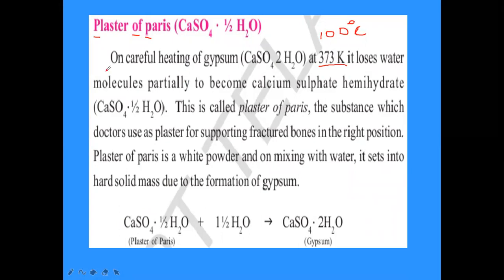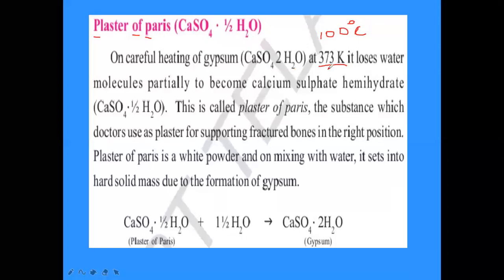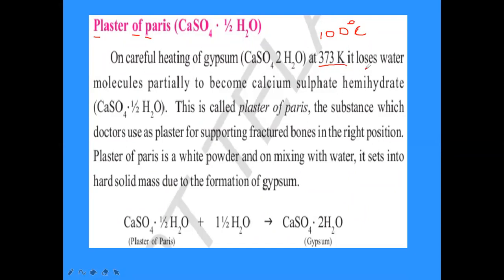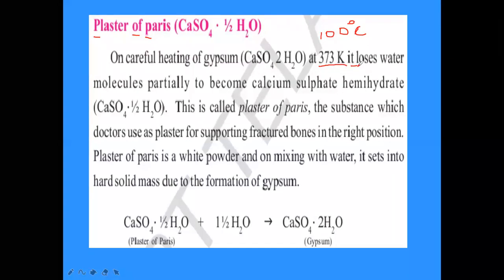So what is given here? On careful heating of gypsum, that is calcium sulfate dihydrate, at 373 Kelvin, what happens? The gypsum loses water of crystallization, that is water molecules, partially, not completely. Completely the water is not lost.